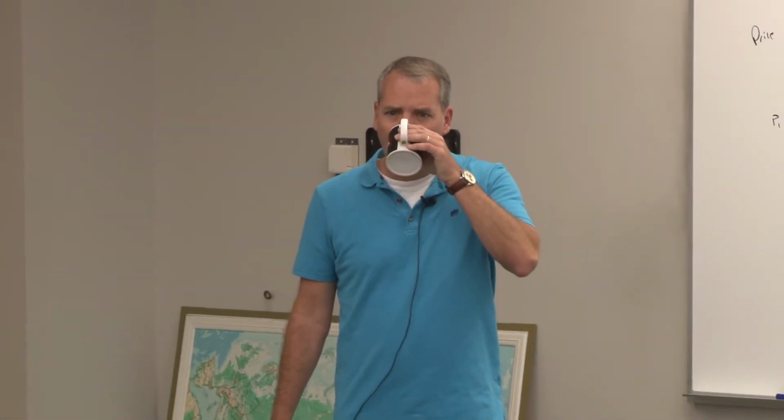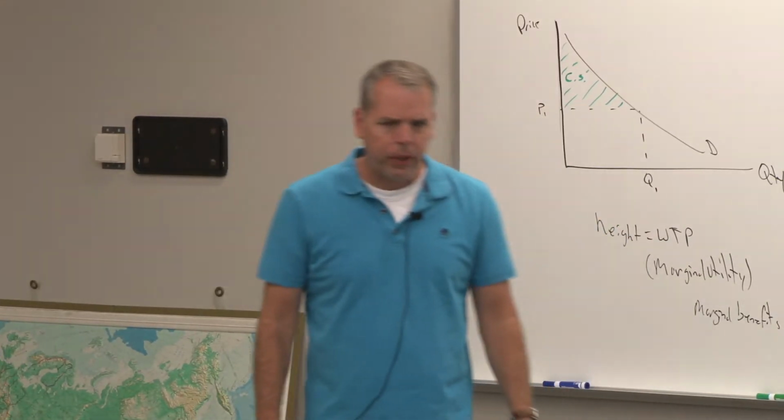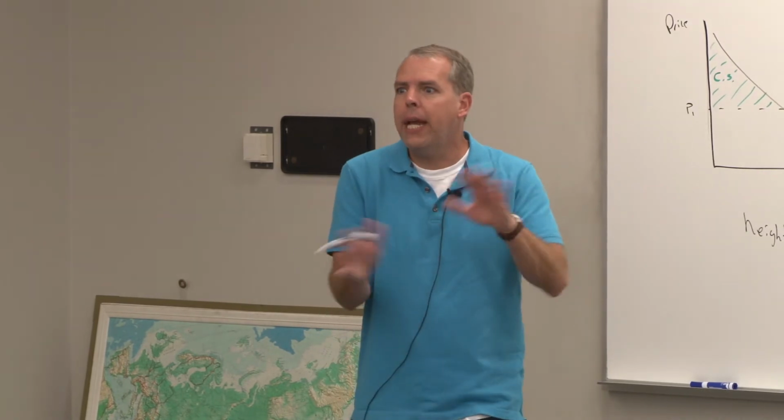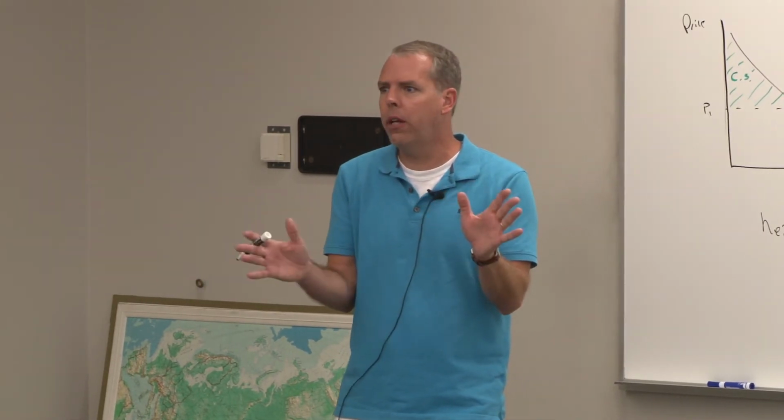How much does jean pair number 149 cost to make? Give me a number that makes sense. Less than 100. $98.42, whatever the number is.